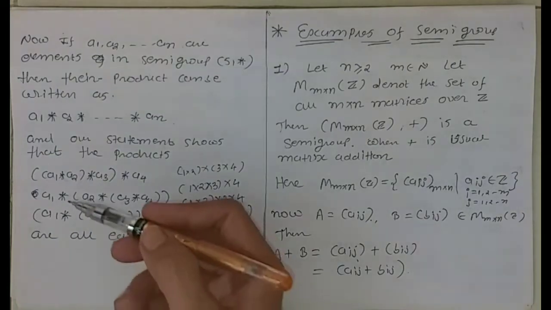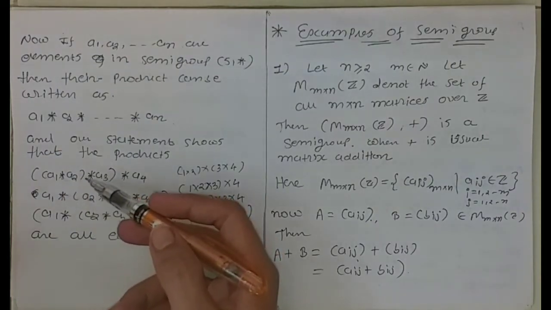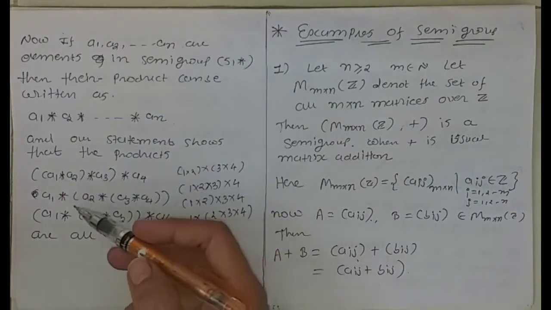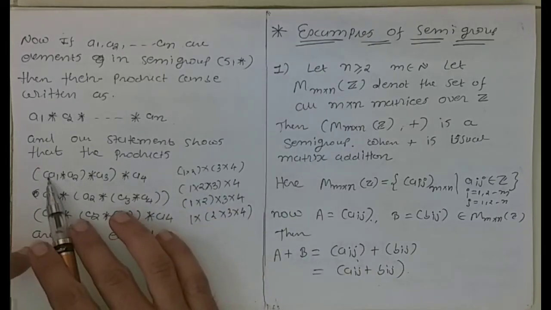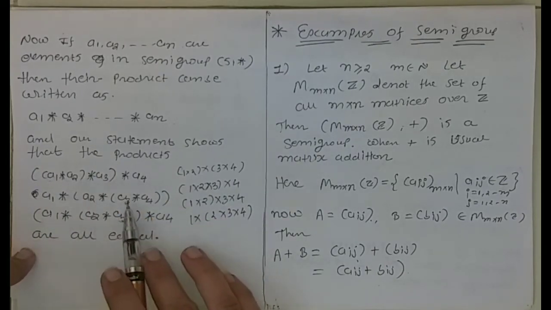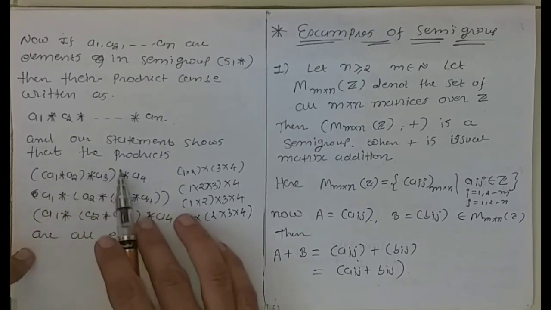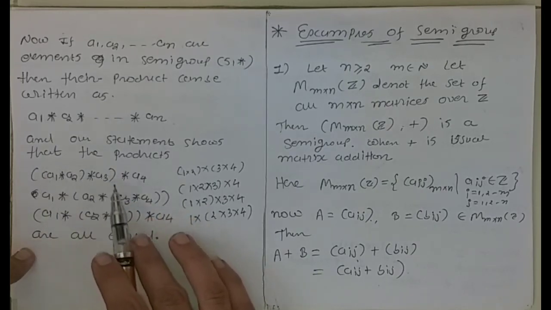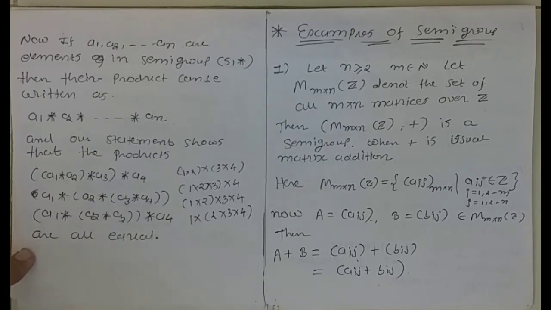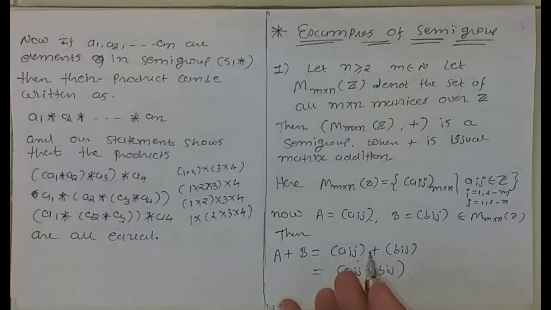So here we have considered brackets in different places. First of all, here we have considered a bracket for a1 and a2, here for a2, a3 and a4, here for a2 and a3. This main bracket is for a1 a2 a3, here it is for a2 a3 a4, here it is for a1 a2 a3. So in all these cases our answer will be the same for all these products.